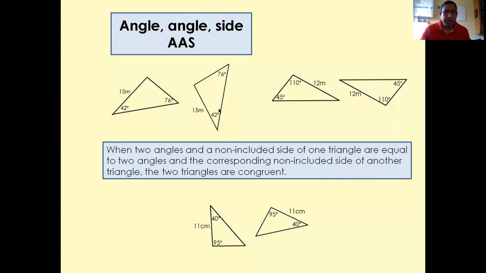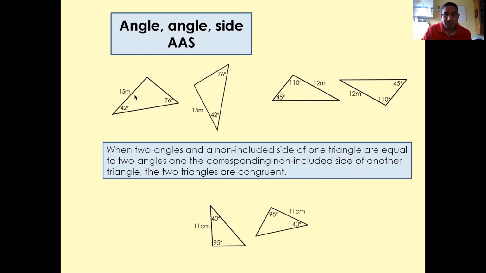Always remember, if two corresponding angles are equal, that's the key word here, and the non-included side is equal, then the rule is going to be angle, angle, side, AAS.